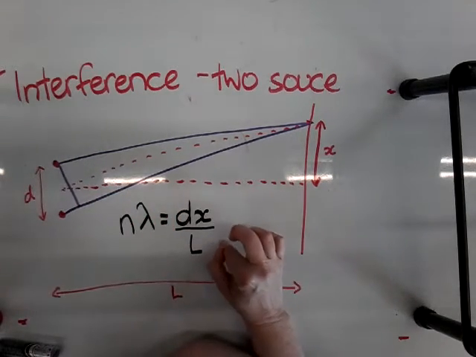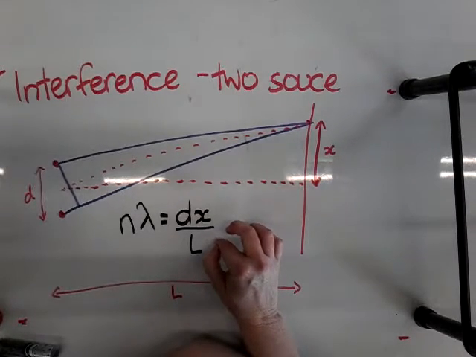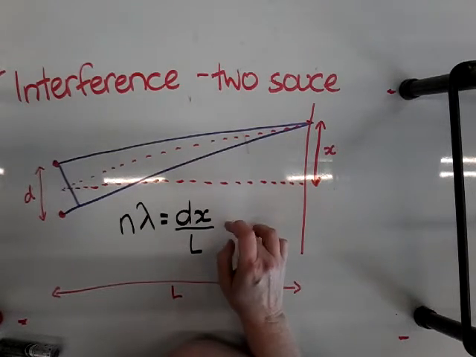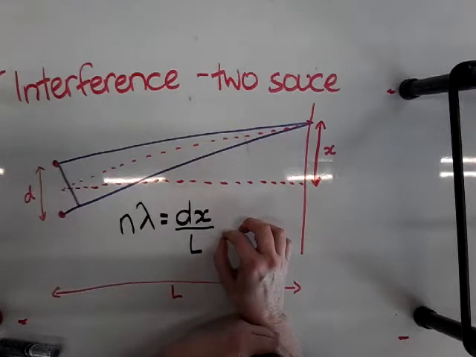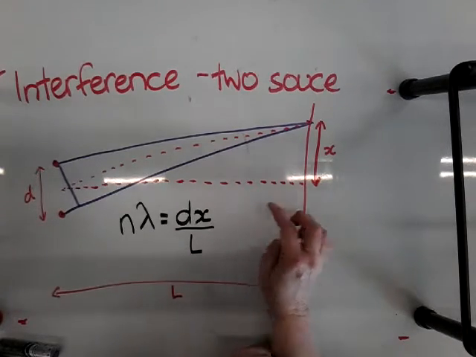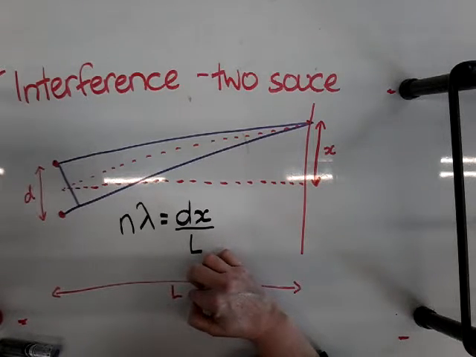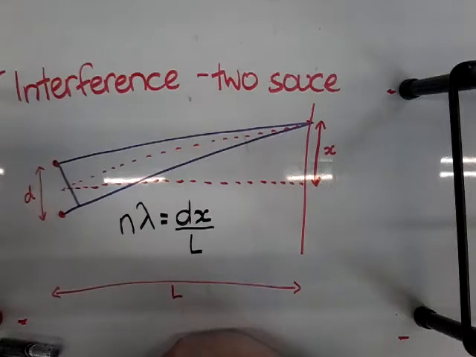So if you are affronted by this, maybe now's the time to reconsider being a physicist or an engineer, because basically we love things that simplify even if they're not quite perfect. So if x is a lot smaller than L, this formula will hold true for any antinodal point on the line.